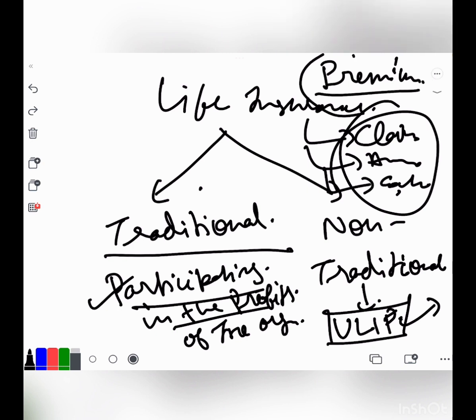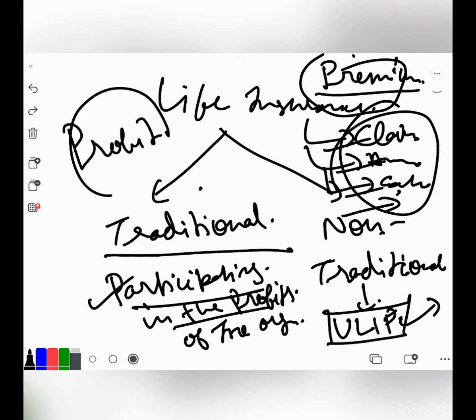From the premium, claims, expenses, salaries, office expenses, everything is subtracted. After that, some profit is generated. That profit which is left is given to the participating policies at the end of maturity as a bonus. So the bonus is part of the profit.